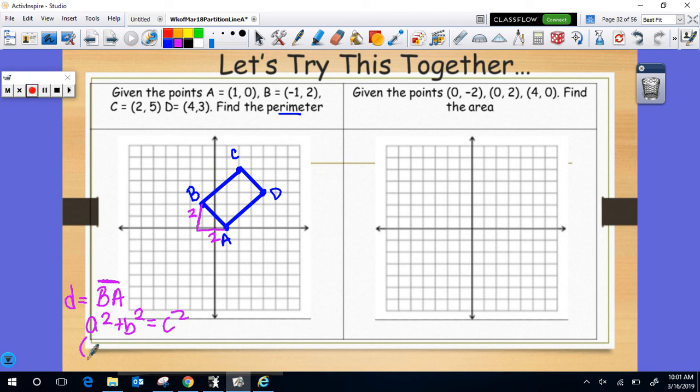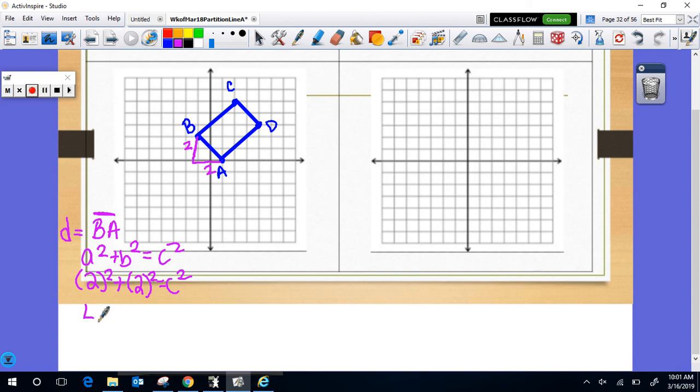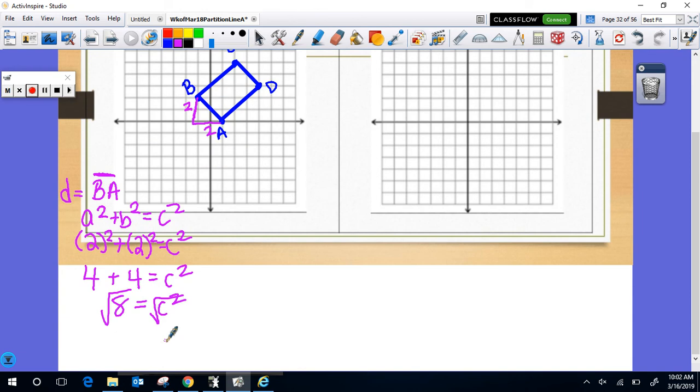So there, I'm going to do 2 squared plus 2 squared equals C squared. 4 plus 4 is C squared. So 8 equals C squared. Take the square root. C equals the square root of 8. And you can leave it as the square root of 8.